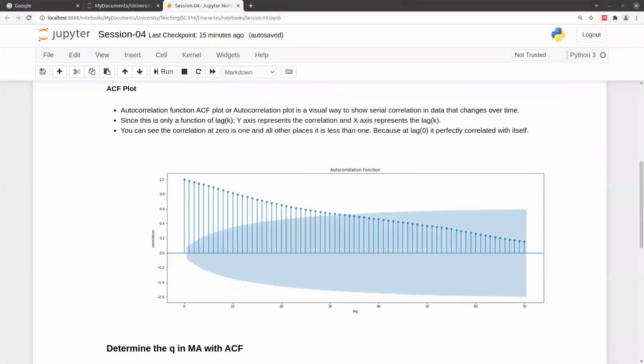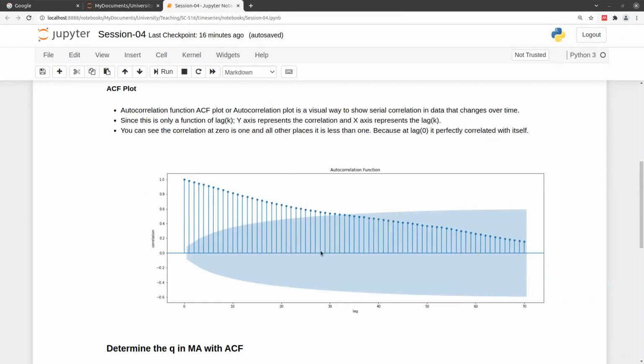Then you can see there is a blue colored area, which is the confidence interval. You know what a confidence interval is. Usually we set it to 95%, and there is some abnormality of 5% as well.